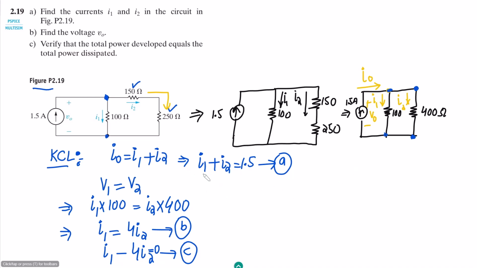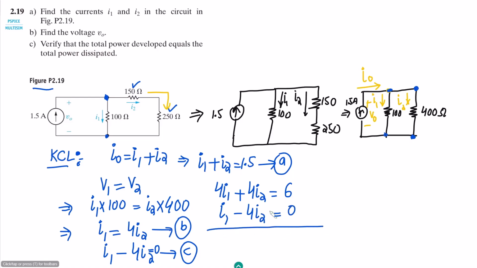Multiplying this equation with 4, I will get 4I1 plus 4I2 is equal to 6. And this equation is I1 minus 4I2 is equal to 0.